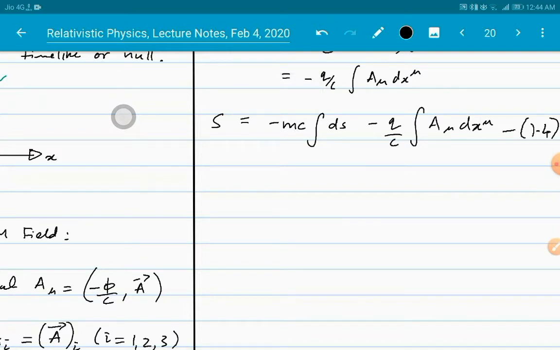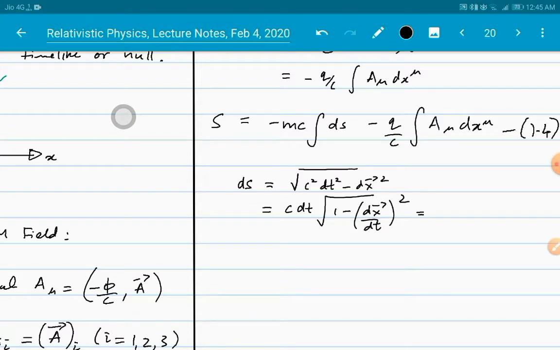Now let us look at this a little bit more carefully. The length element ds is equal to square root of c squared dt squared minus dx squared. So this can be written as c dt square root of 1 minus dx by dt squared, which is equal to c dt times root of 1 minus v by c squared, or I can write that as c dt by gamma.